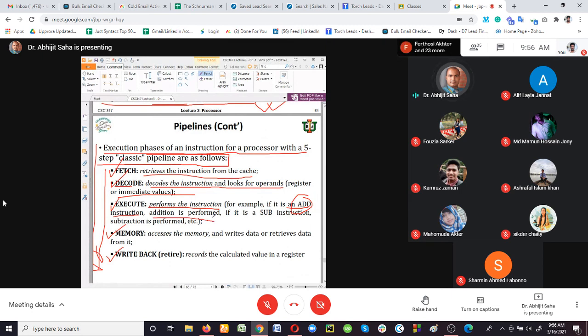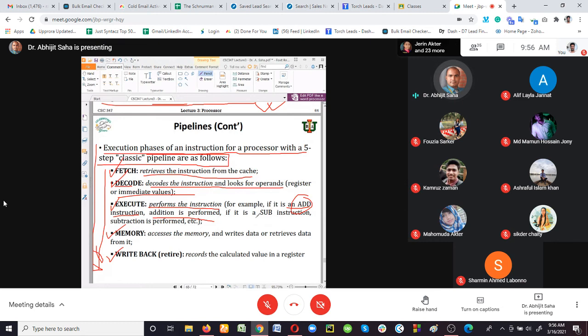So that is what the control unit will know: by seeing the opcode add in the instruction, I understand that the ALU needs to do some addition job. By seeing this opcode, the control unit understands what it needs to do with the instruction it has received.